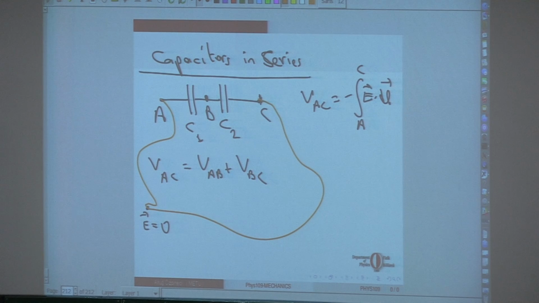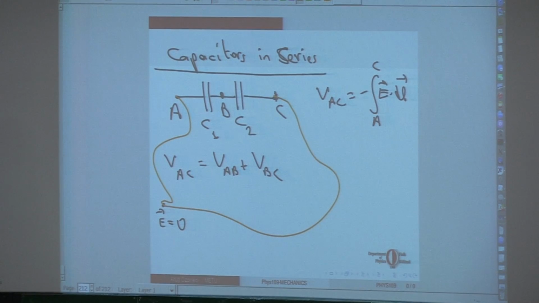Well, 2 points do not contribute to your integral. So if the electric field outside the capacitors is exactly 0, then this integral is 0. So there cannot be any potential difference between A and C, because we already know that the potential difference between any 2 points is independent of how you go from A to C.